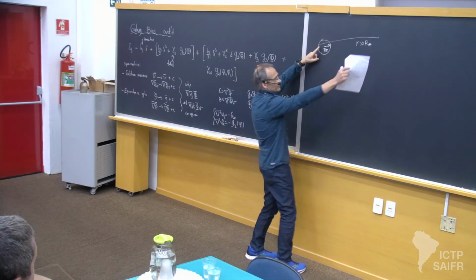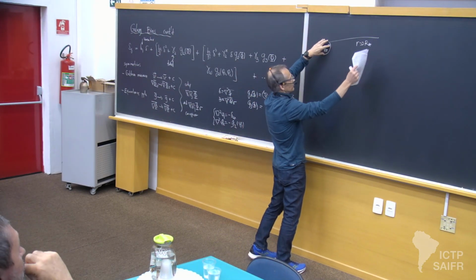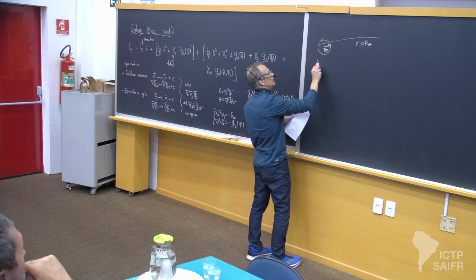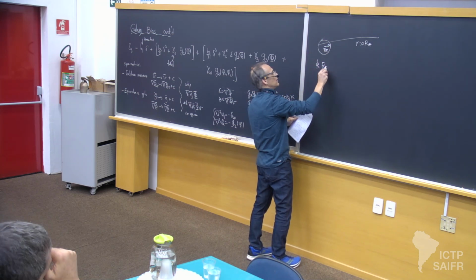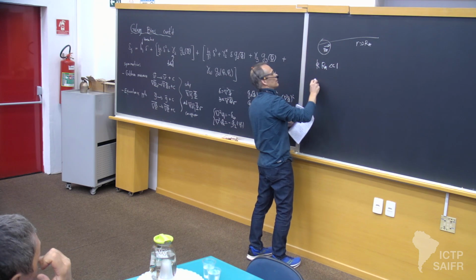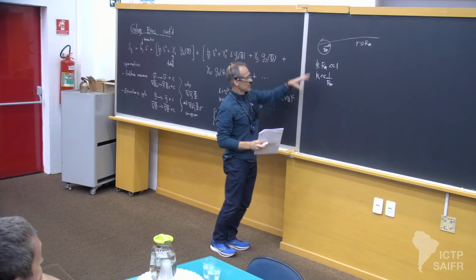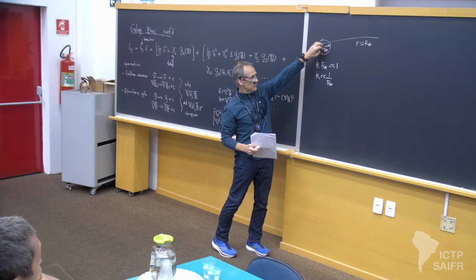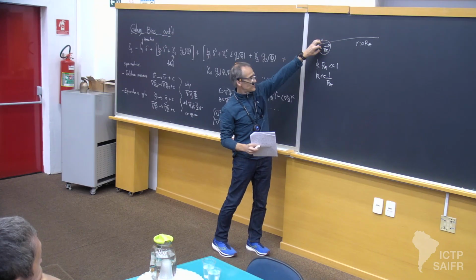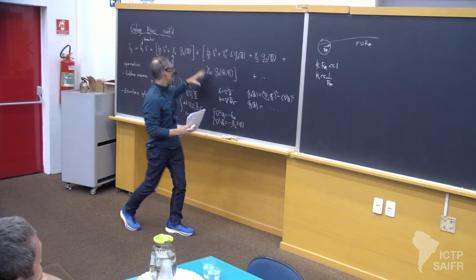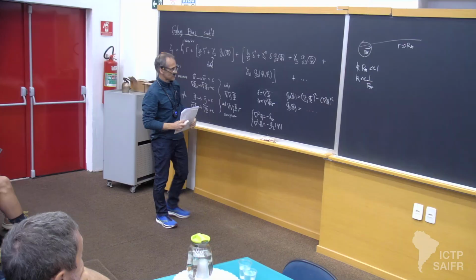But because we are interested in much longer scales compared to this, or in other words, this is much smaller than 1, we can essentially do a Taylor expansion, or a derivative expansion, of this smoothing operation.